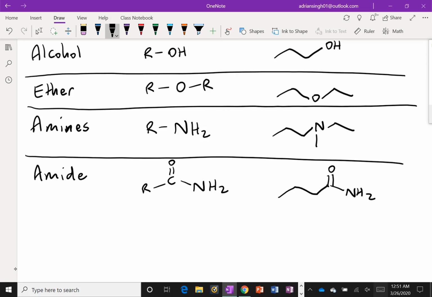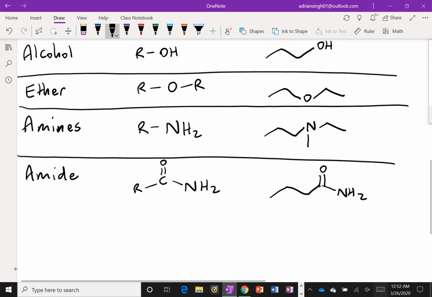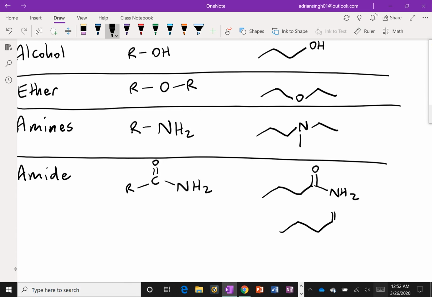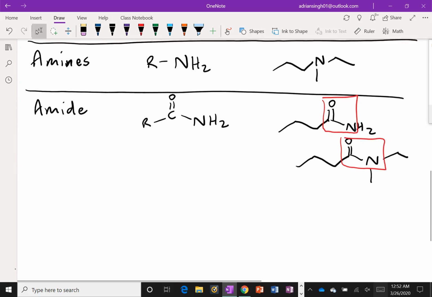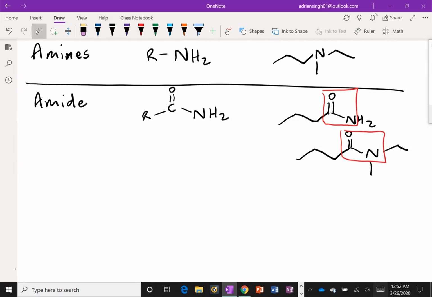That would be an amide, or sometimes maybe you will see something like this. That's an amide as well. So we're looking here at the C double bond O N, right? That's what makes it the amide functional group. And those are very, very common in things like proteins. Really common. That's actually what makes proteins proteins.